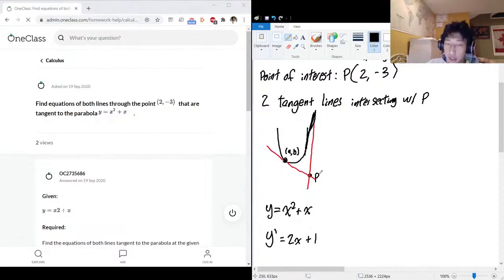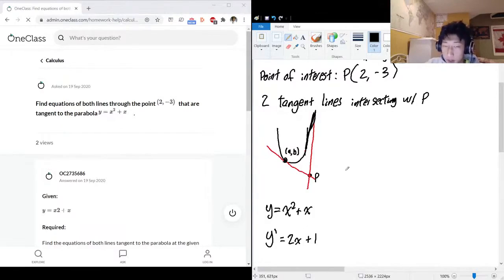Knowing point (a, b) and knowing the position P, we can find the slope. And the slope connecting those two has to be identical to the slope from our derivative, because the tangent at this point is a line with a certain slope.